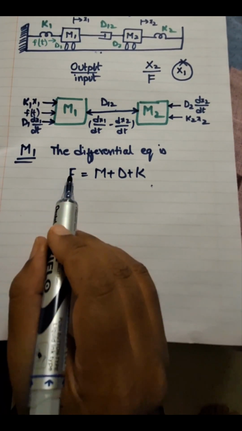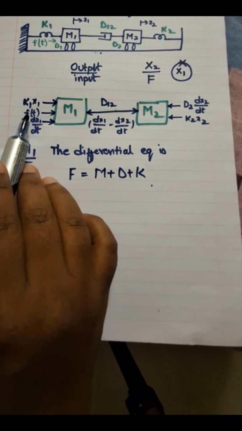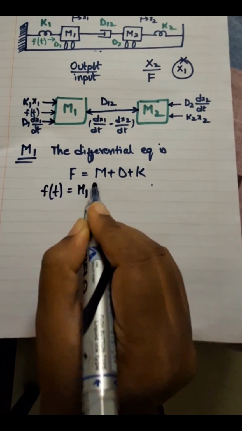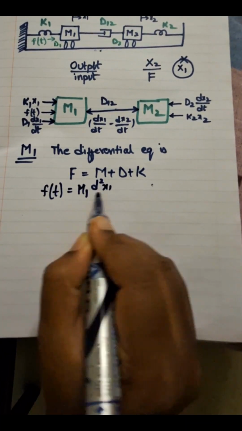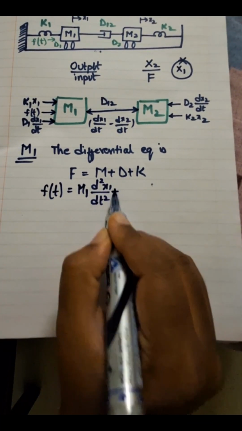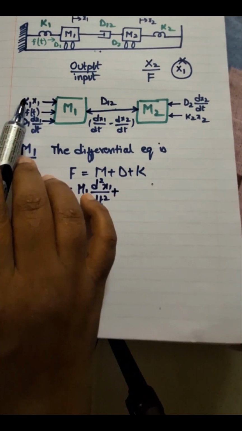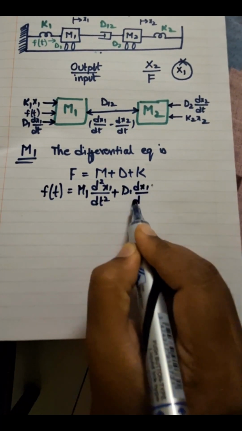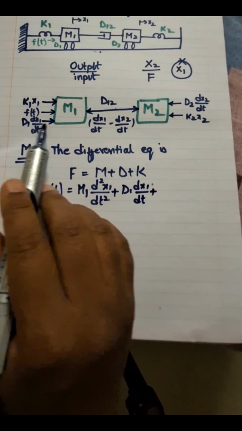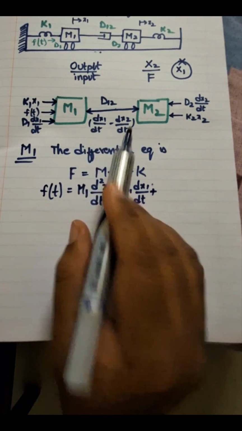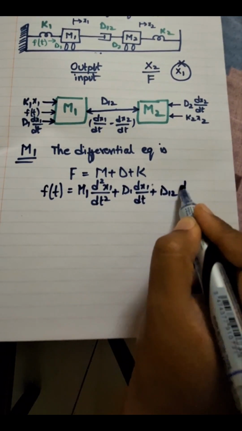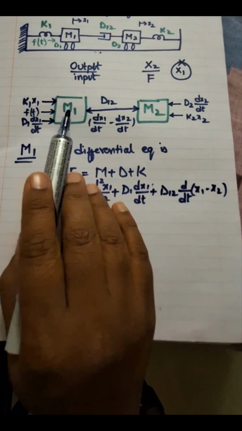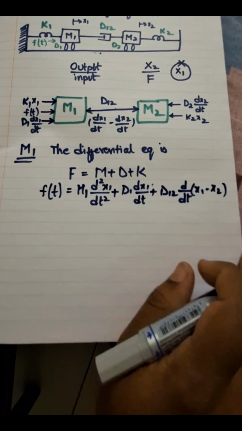So according to that, for M1, is there any F? Yes, F is there. So f of t is equal to, m is here m1, displacement is x1, so m1 d square x1 by dt square plus D. D means damper. Yes, d1 is there, so d1 dx1 by dt plus next d12 is there with two connections. So it means d12 d by dt of x1 minus x2, because I am talking about m1, so I will give importance to x1.